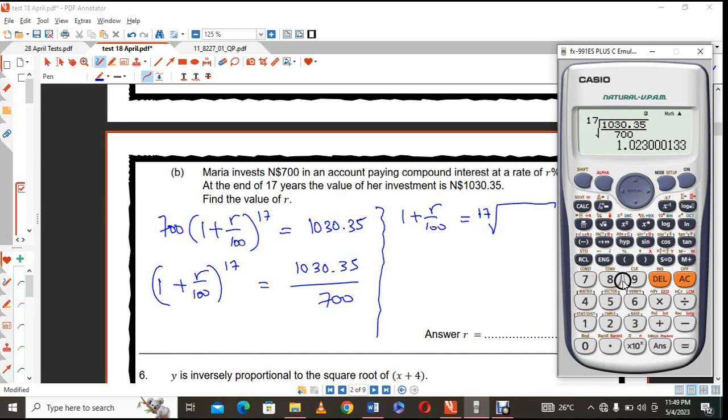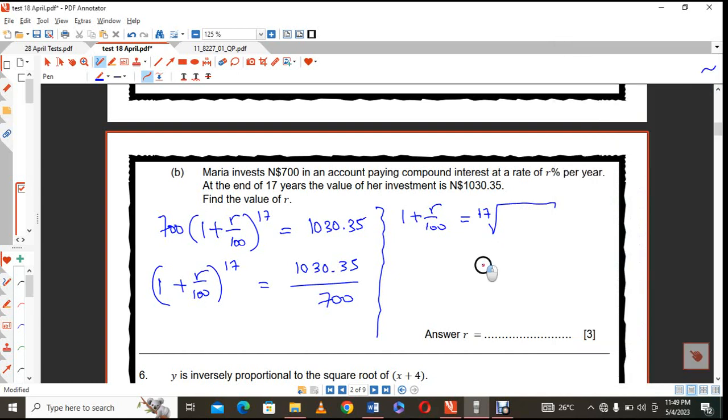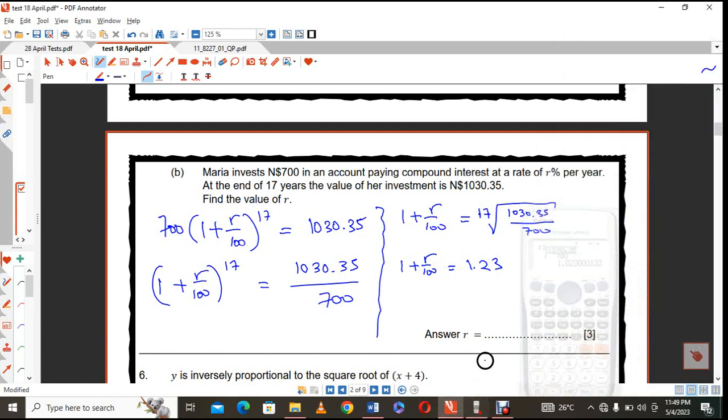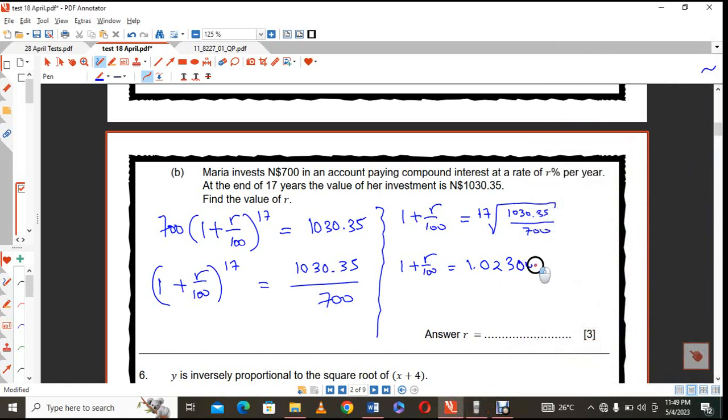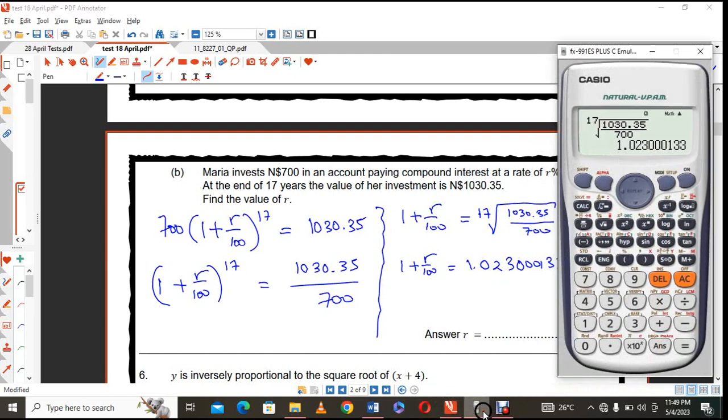I get a calculated value of 1 point... Let me just write down what I have here. 1030.35 divided by 700. So it's 1 plus R over 100. Well, that was 1.023. Okay, let's correct that one. It is 1.023, and so on.